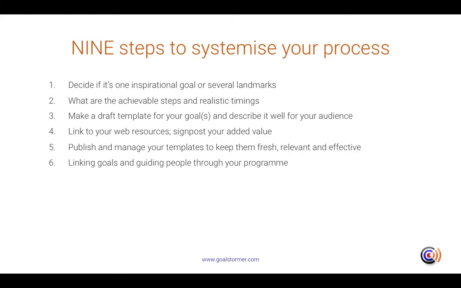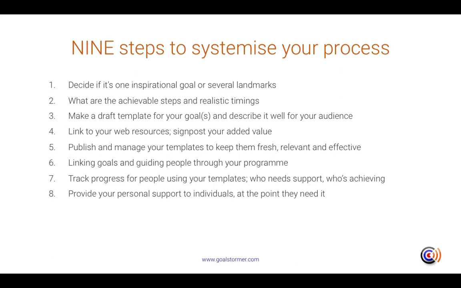We'll have a look at publishing and managing your templates, so that you can make sure that they're always up to date. If they need tweaked, they're there, and people can get to them. I'll tell you about how you can take many goals and link them together so that people can follow through your program, your landmarks. And then we will look at how you can dig into the progress tracking for different people, so you can see who might need a little bit of support because they're falling behind and who's a stellar achiever.